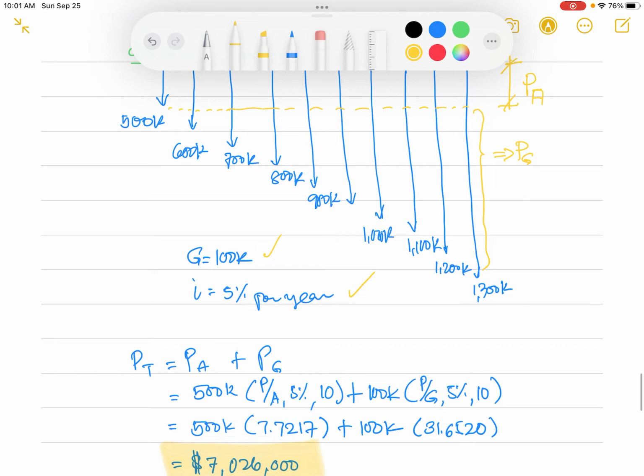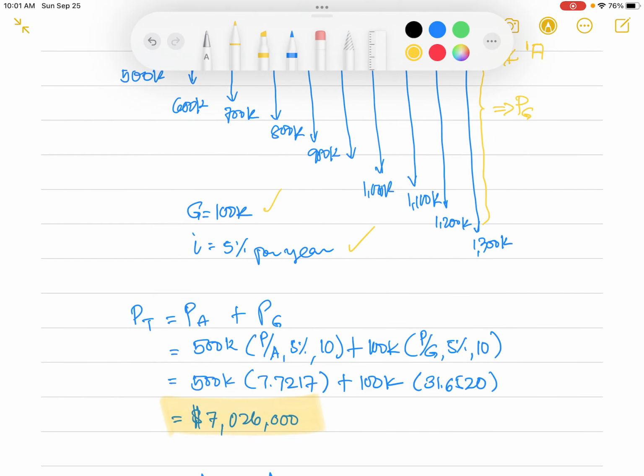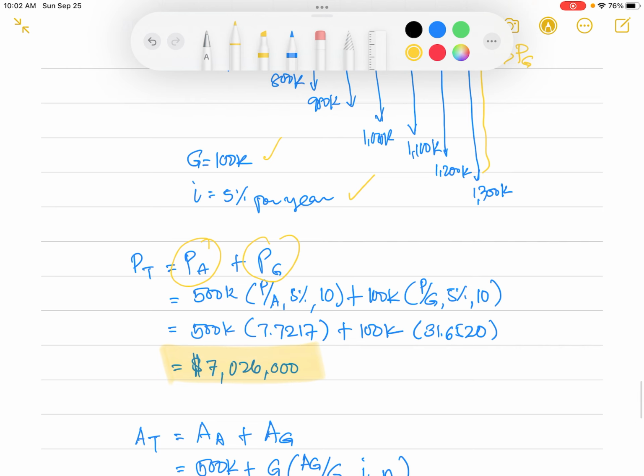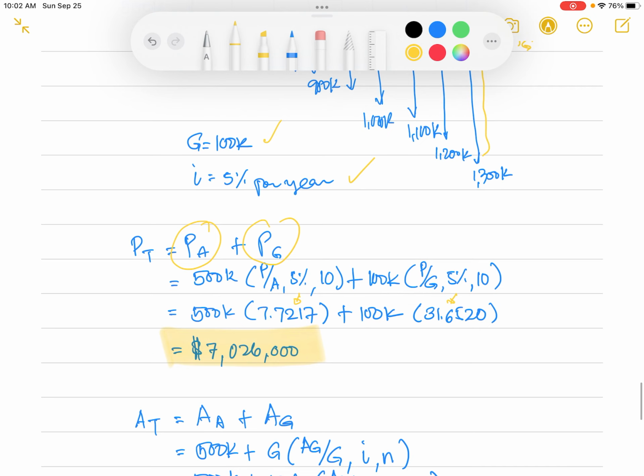Now, from our previous equation, the equivalent present worth is just equal to the individual present worth of the base amount and the present worth of the gradient. So directly substituting our formula, you can go back to your compound interest tables and get these factors here, or you can use the formula and plug in the numbers and you will more or less get the same values.